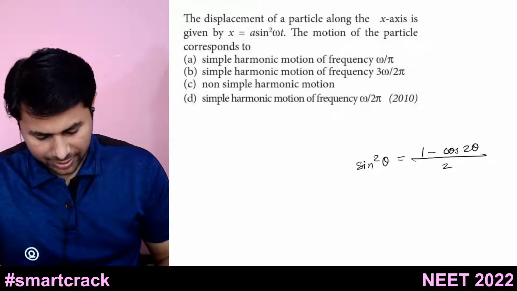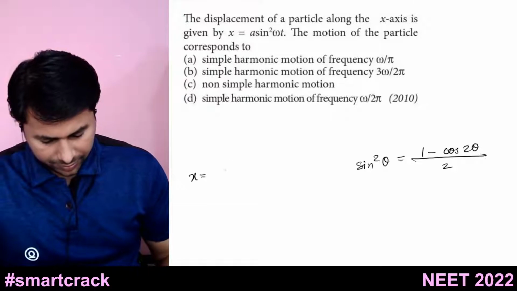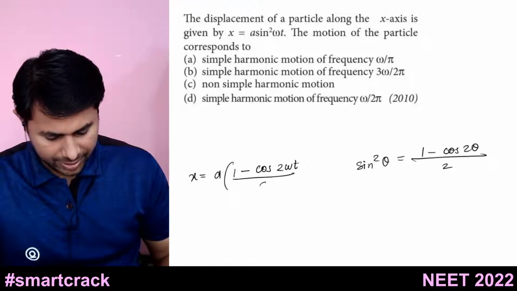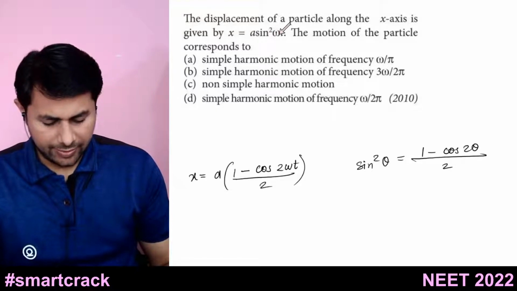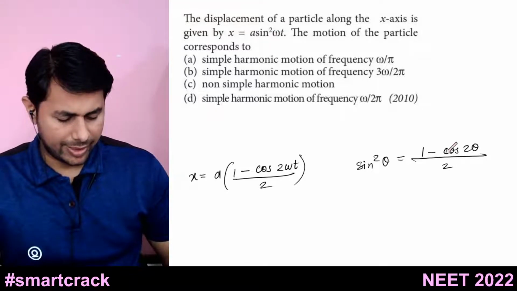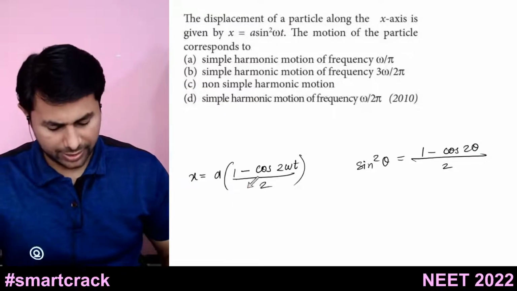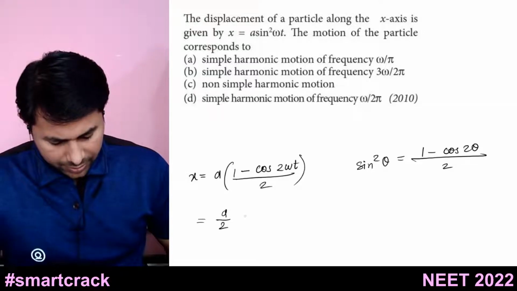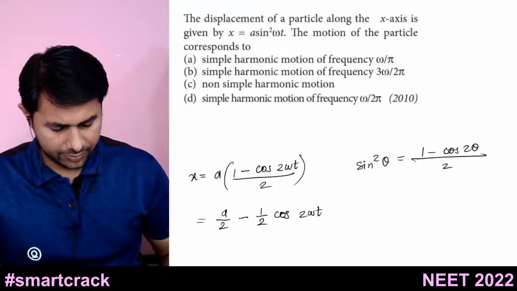So theta is equal to omega t, and x is equal to a multiplied by 1 minus cos of 2 omega t divided by 2. Sine square can be written as 1 minus cos 2 theta upon 2, and put theta equals omega t. So you get this equation. Then you can write this as a by 2 minus a by 2 cos of 2 omega t.